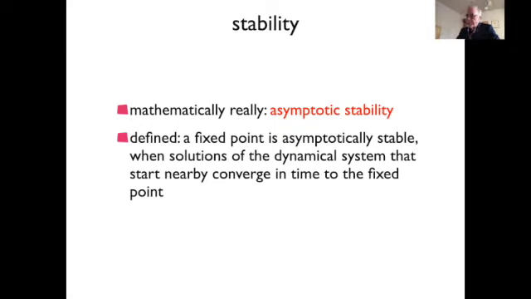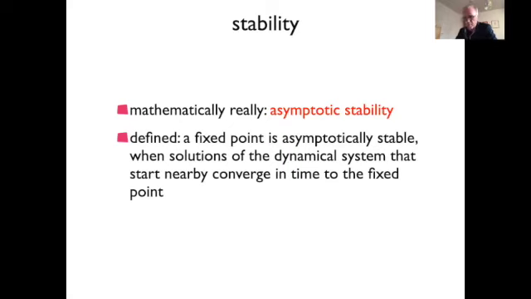So asymptotic stability is really defined as the property of a fixed point that solutions that start nearby converge to the fixed point. Those who are mathematically skilled will recognize, starting nearby, that's an epsilon-delta criterion. That is, there is an environment so that when you're inside that environment, your distance from the fixed point will go to 0 as time goes to infinity. That's asymptotic stability.